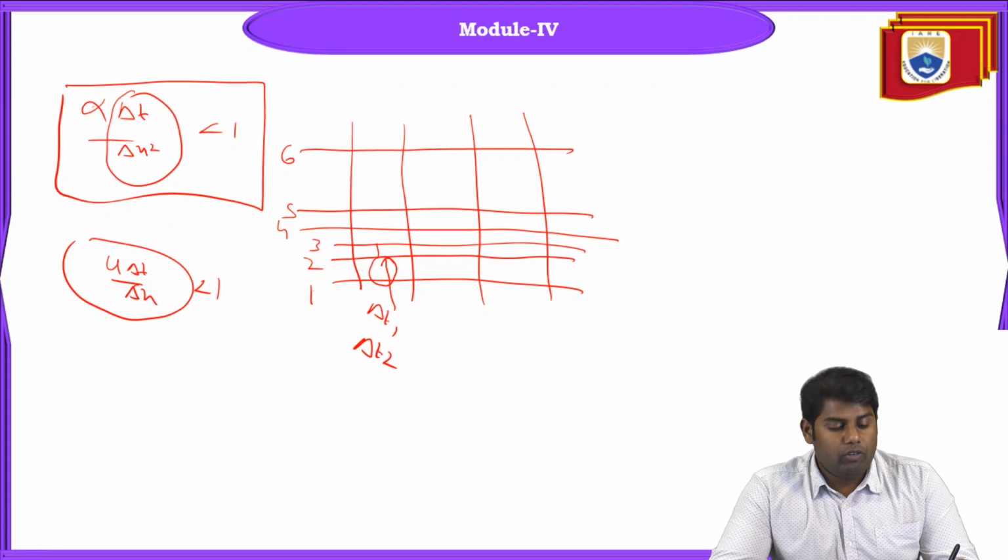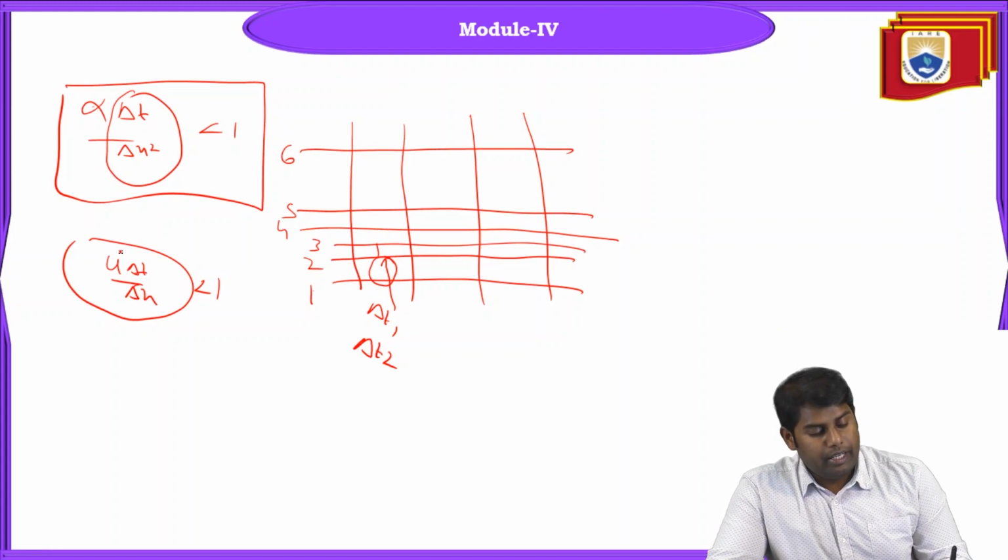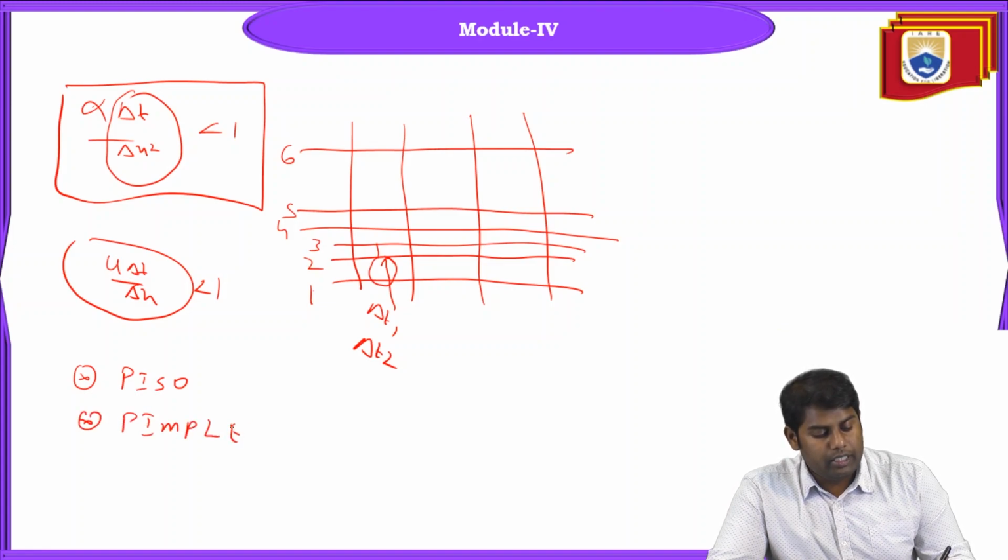Therefore the CFL number plays a major role in determining the stability of the numerical scheme. You take any numerical scheme, like PISO, and then PIMPLE next.